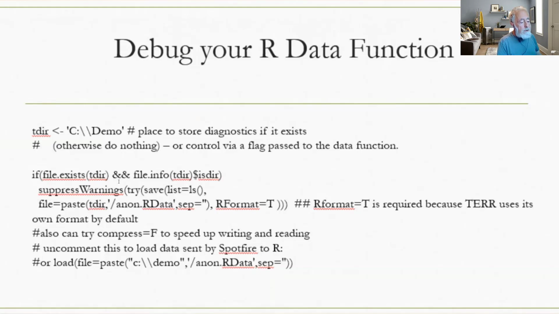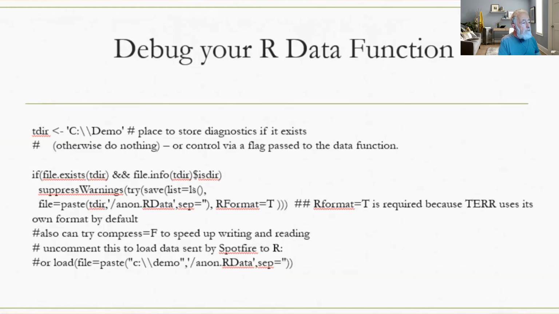And the purpose of that is so that if you give out that data function, presumably that won't necessarily exist. So the data function doesn't have to take that debugging step. Or alternatively, you could set it up with a switch and just turn on this step for debugging.